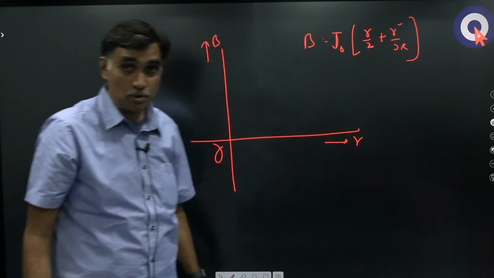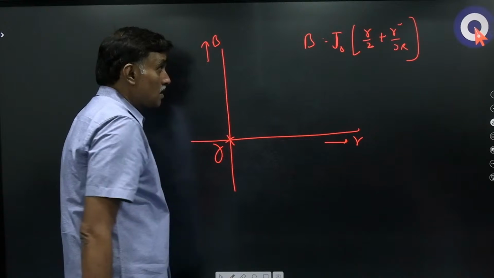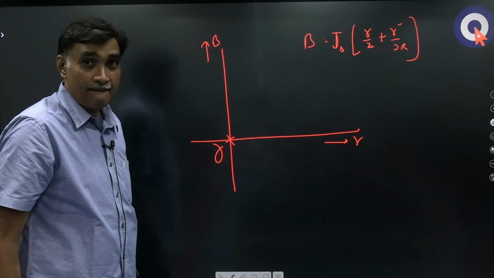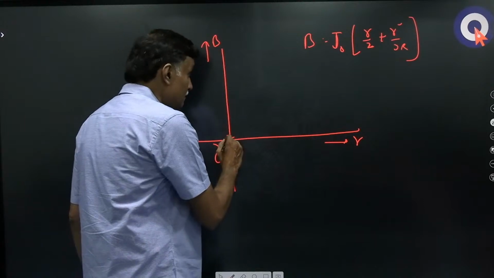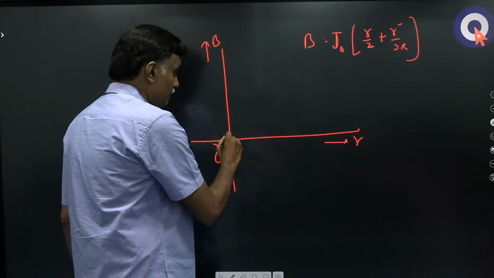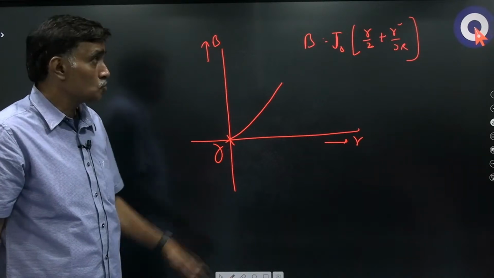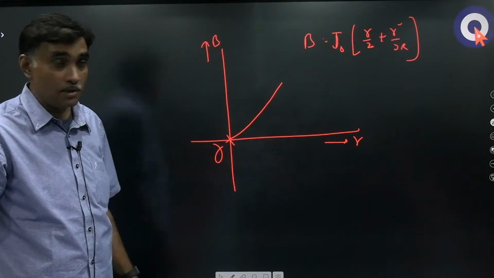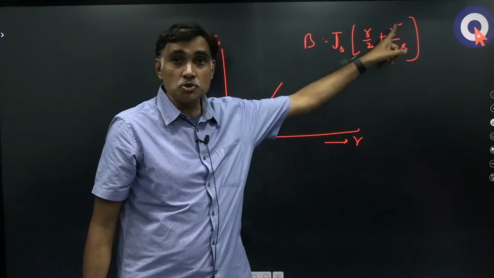Let's substitute. At r equal to 0 it is 0. Then as r increases, the magnetic field also increases, and we will get a graph like this, whose slope is also increasing. If I differentiate this with respect to r, we get 1 by 2 plus 2r by 3R.